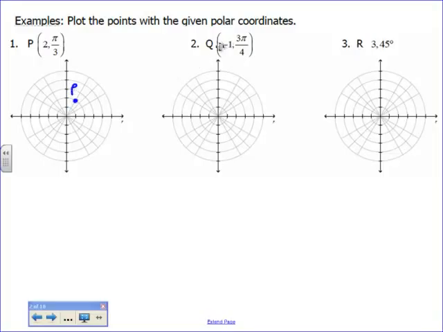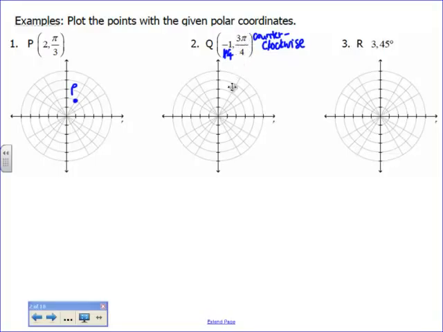Negative 1, 3 pi over 4 is going to be to the left for the negative 1. 3 pi over 4 is a positive angle, so I have to go counterclockwise that much. 3 pi over 4 is one of those 45-degree reference angles. If I were going from normal positive 1, 3 pi over 4 would be that 3/4 of the way around my pi.